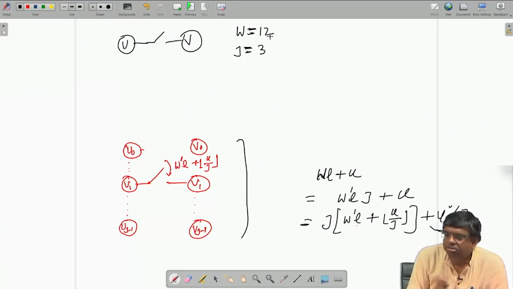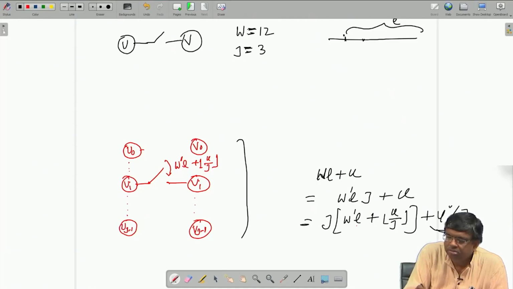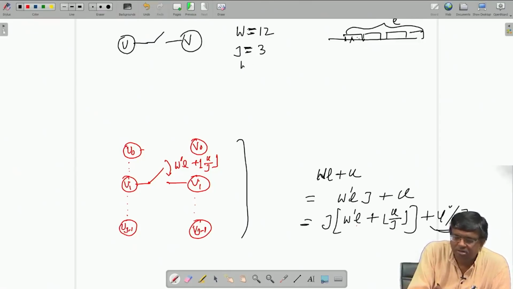So the Lth word cycle will have one digit, another digit, another digit. Each digit will have 3 points, 3 and 3. So the first digit cycle will be, W prime L, I told you, W prime here is 4.